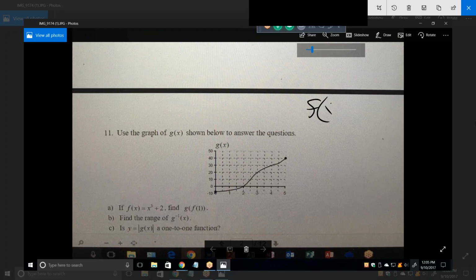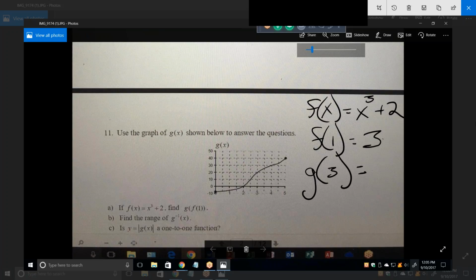In other words, f of x is this. What's f of 1? 3. Now, what is g of 3? You have to look at your graph. They didn't give you the function, so it's 20. Okay, cool.